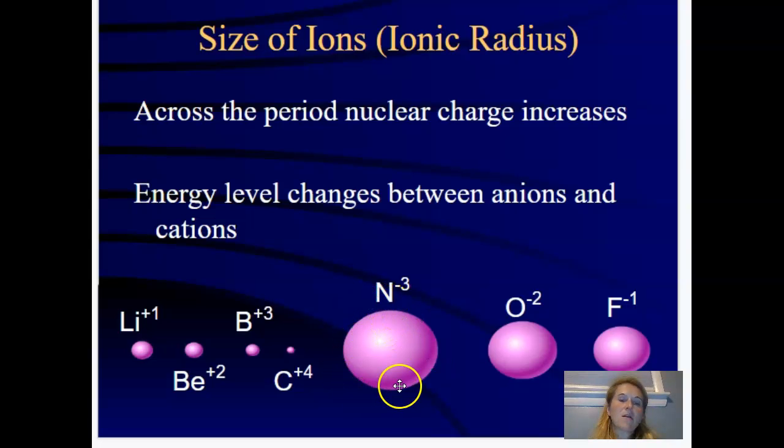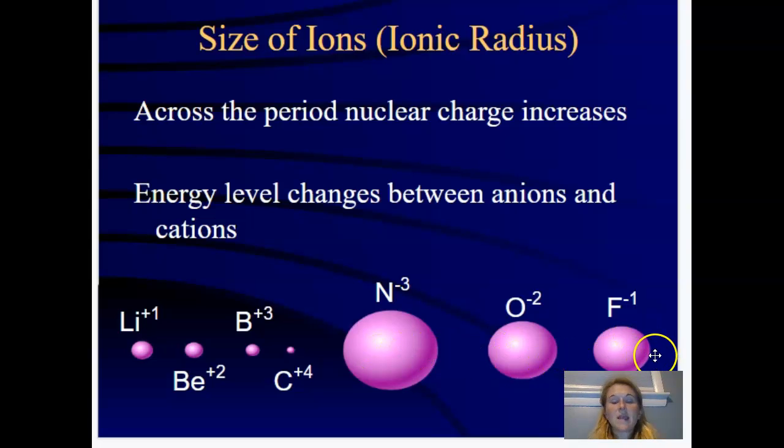Huge increase there because we are gaining, filling that energy level with all those electrons, and so we have that electron-electron repulsion. And these guys, keep in mind, they all have the same number of electrons, whether it's the nitrogen -3 anion, the oxygen -2 anion, or the fluorine -1 anion.